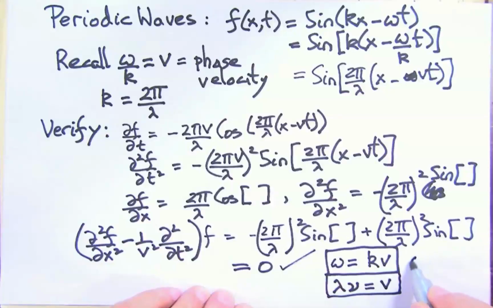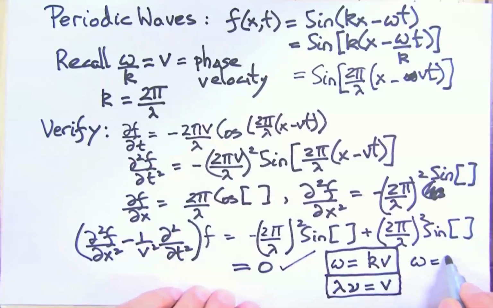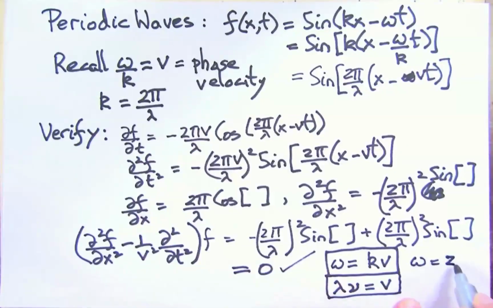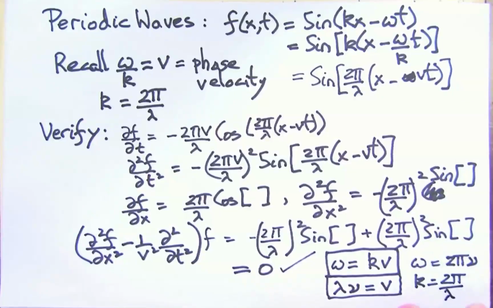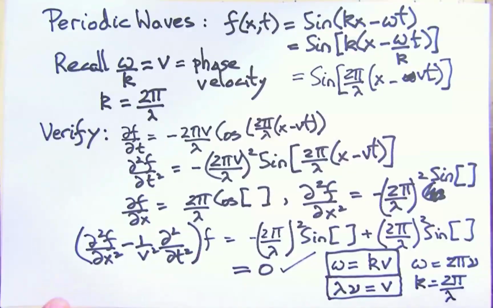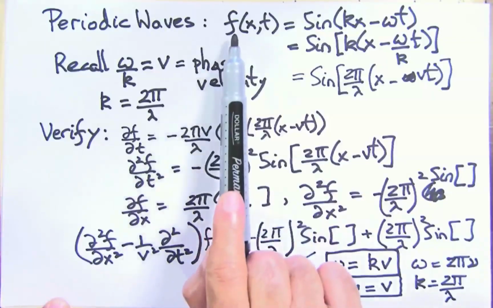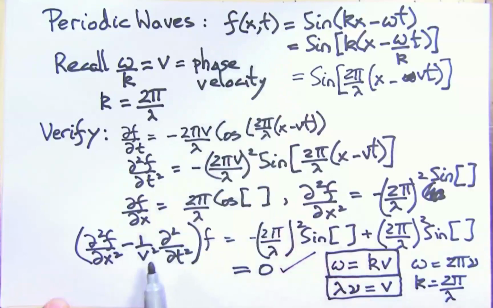Let me write that over here. This omega is 2 pi times the frequency, and k is 2 pi over lambda. Always remember that. Okay, so to conclude this point, this function satisfies the wave equation.